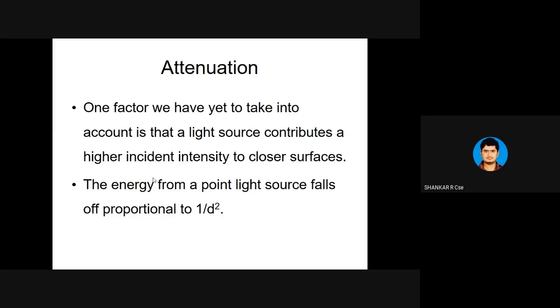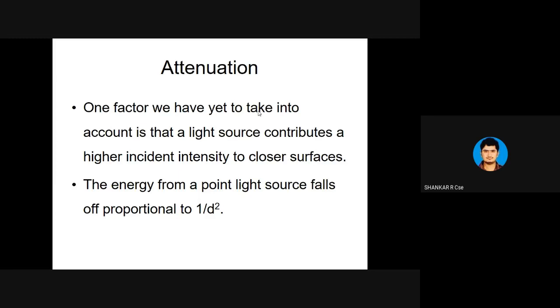D is distance, that is in the denominator. The more the d, the less the intensity. Intensity is equal to 1 by d square. If you increase the denominator, the left hand side will decrease. It means intensity will be less if the denominator, that is d square, is more.